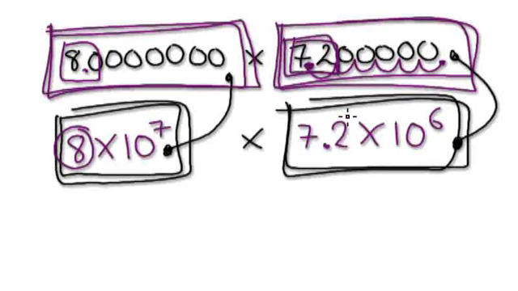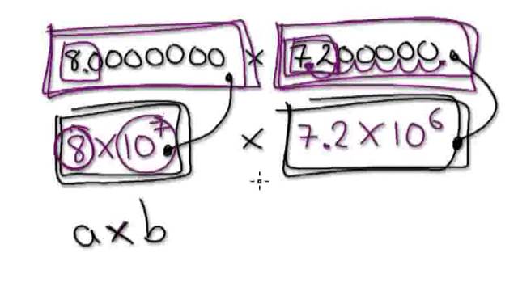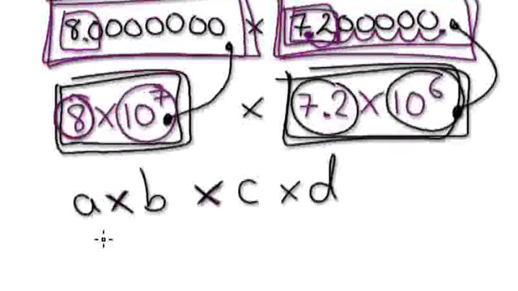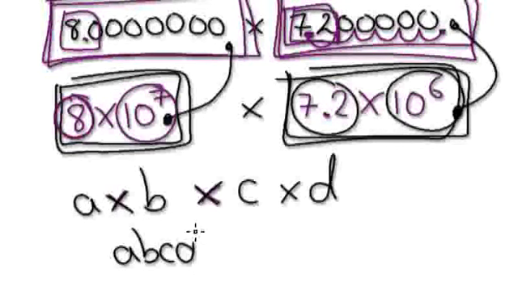Let's say this is A, A times B. Let's say this thing here is B. And then you've got to times it with this here. Let's say that this is C, and then C times D. So in effect, what you've got here, you could write as A times B times C times D.